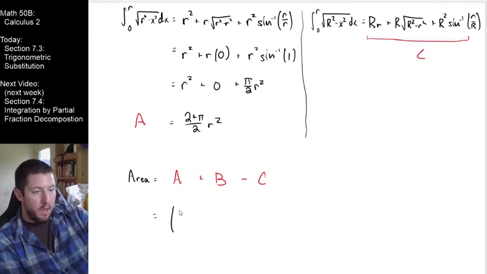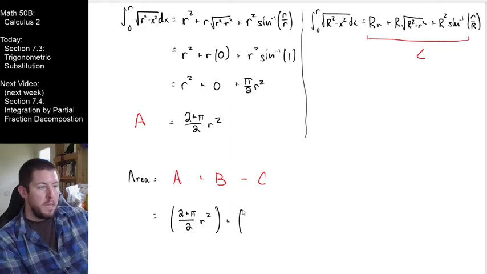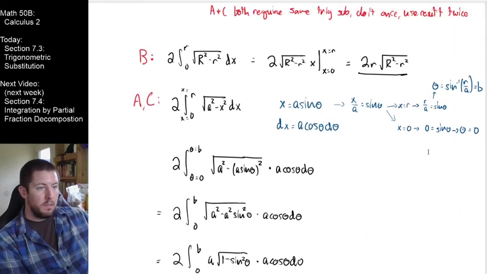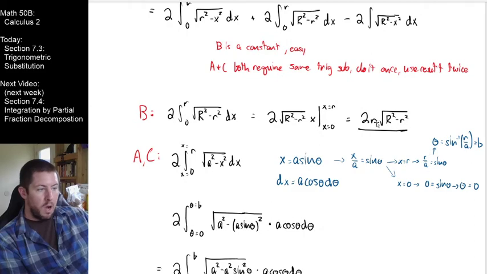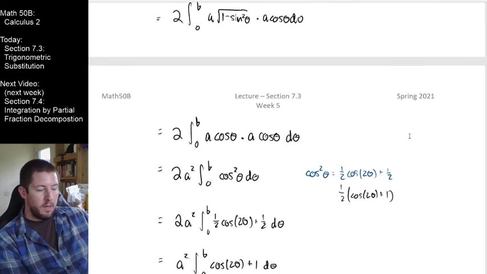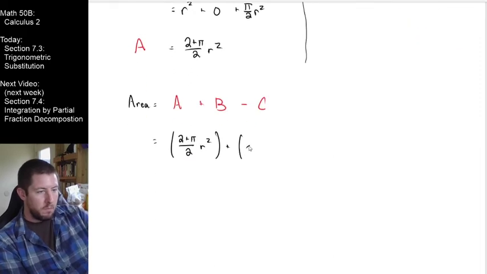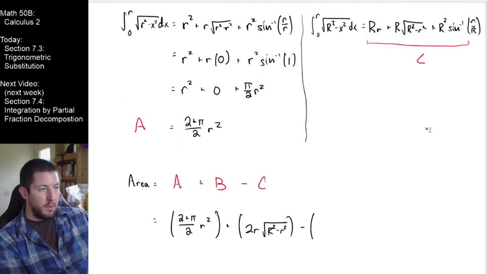So A was 2 plus pi over 2 r squared, plus B. Remember B was our easy one that we did a while ago. There's B, 2r squared of r squared minus r squared. Minus, and that was our C integral that we just got right here.